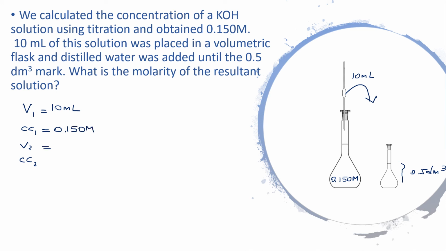The volume 2 is 0.5 decimeters cube. And the concentration 2 is what we need to calculate. I would ask you to pause the video and think which is the problem here before going on. I'm going to wait like 5 seconds so you have time to pause the video and then I will continue.